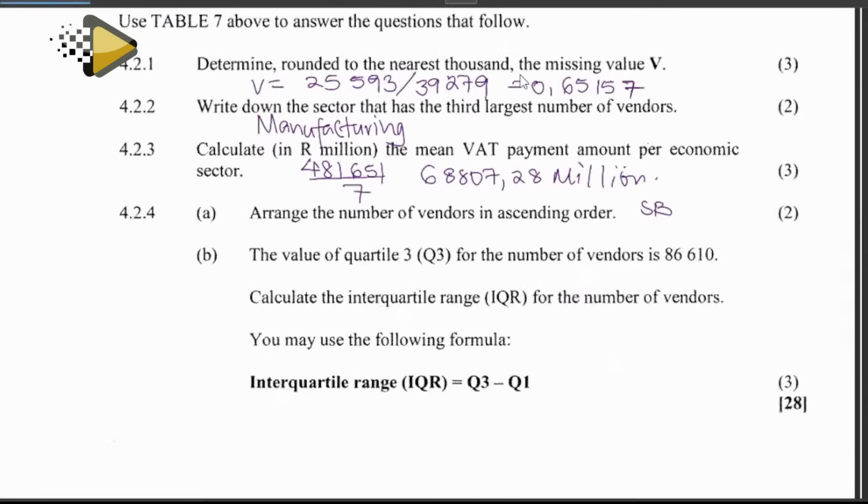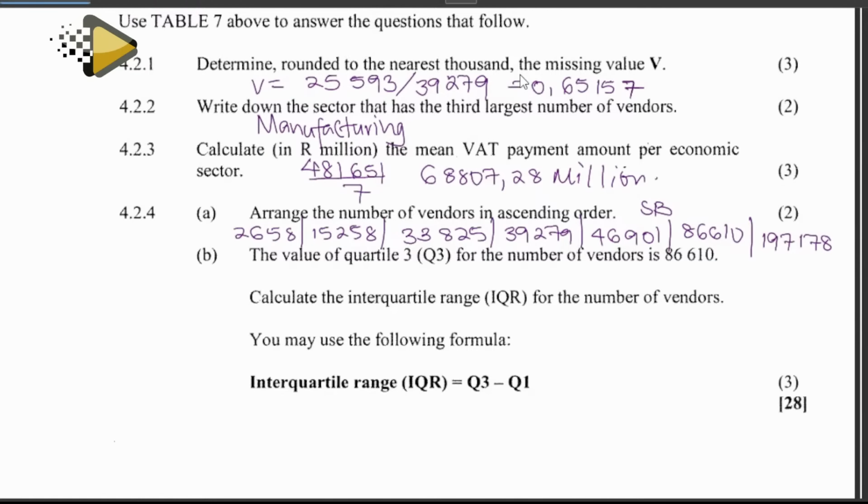So we shall come back and in smallest order here, we say 2, 5, 15, 33, 82, 39,279, then 46,901, and so on. Okay, that's the arrangement.